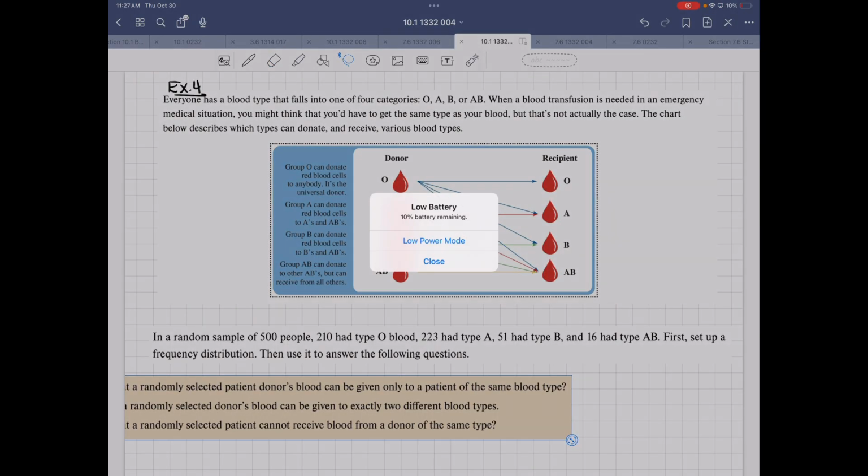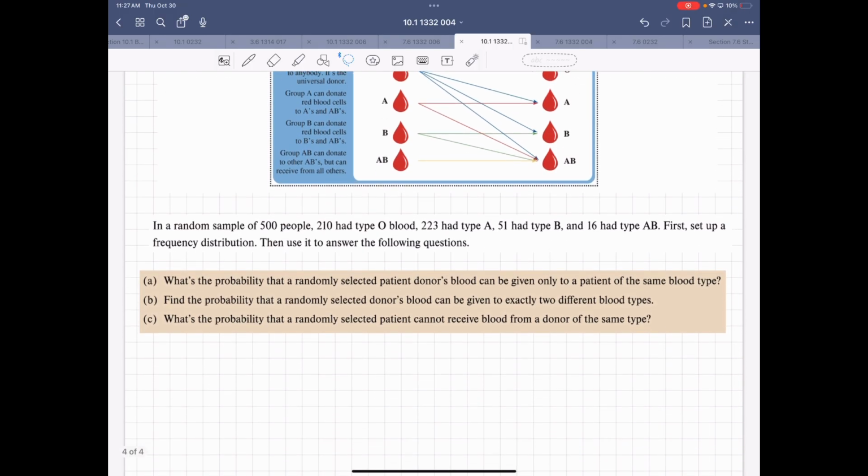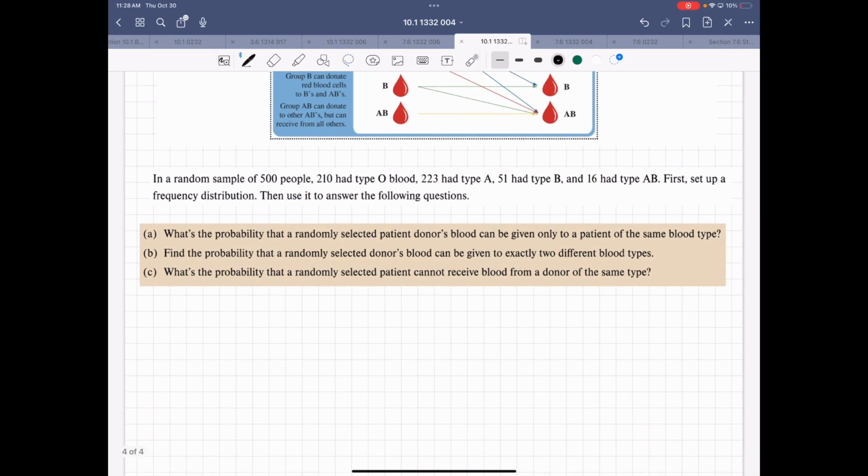There we go. Okay, in a random sample of 500 people, 210 had type O blood, 223 had type A, 51 had type B, and 16 had type AB. First, set up a frequency distribution, then use it to answer the following questions. Okay, you need to write this part down.